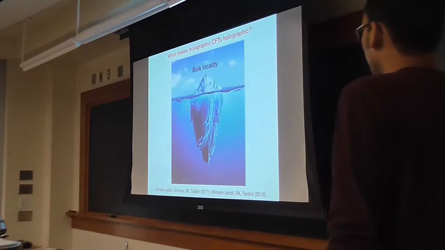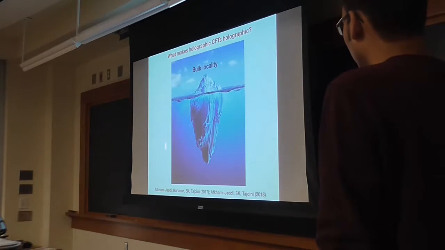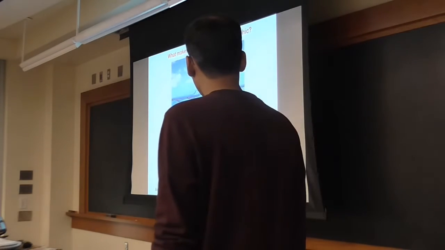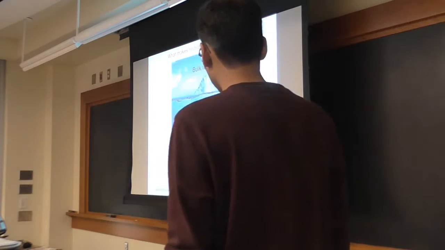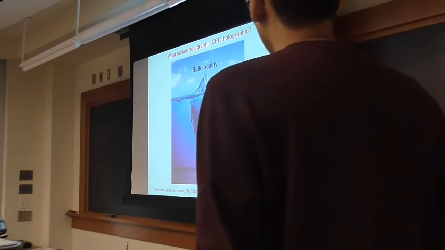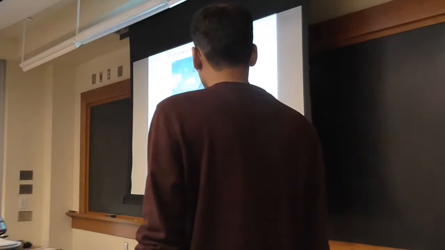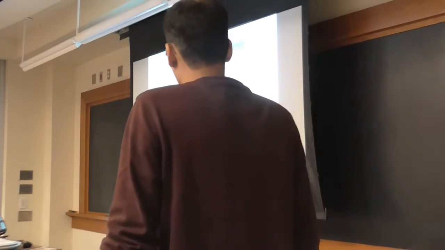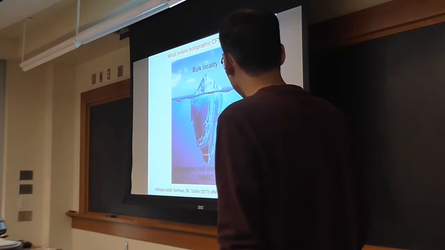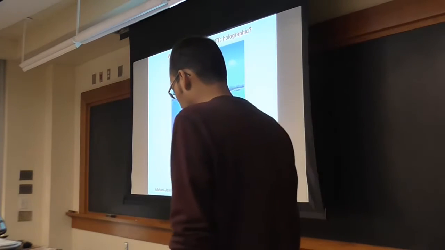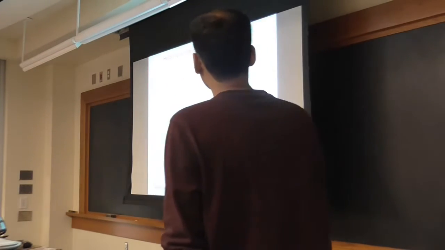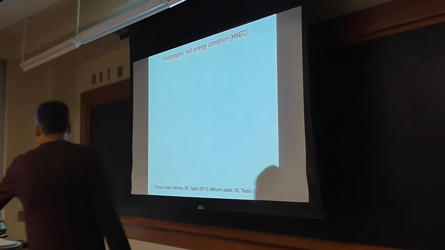So probably there is something down here as well, and that's actually correct. We found that there is another energy condition, stronger than the null energy condition, which is true for holographic CFTs. Because of this energy condition, these CFTs are holographic. As I'll explain later, this energy condition has a lot of interesting applications. So what is this energy condition?